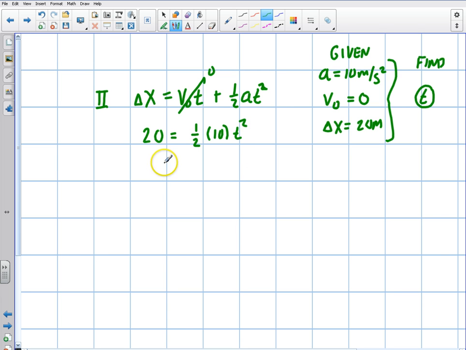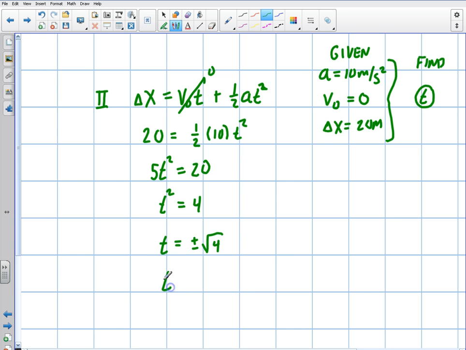And I'm just going to go ahead and write t over here. So I'm going to say t squared, and this is going to be, let's just rewrite it here, 5t squared equals 20. So t squared equals what? t squared equals 4. And then t, remember we take a square root, always plus or minus, the square root of 4.